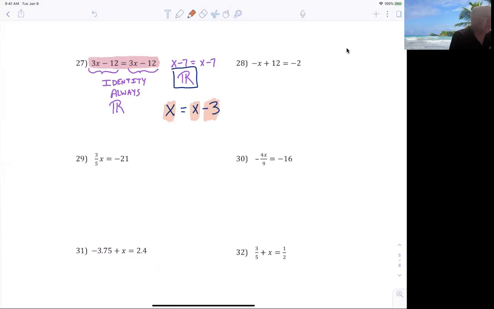That is called a contradiction. That doesn't make any sense. A number cannot equal itself and itself minus 3. So we would say this, in fact, because it's a contradiction, we say that there is no solution.